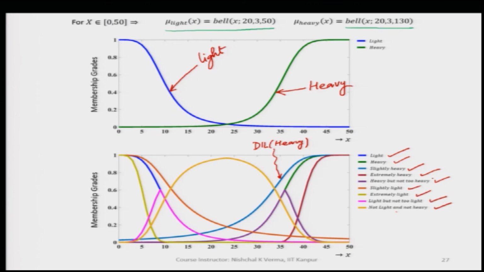So, this way we see that when we have primary fuzzy sets, we can obtain suitable composite linguistic terms, and thereby their representations as fuzzy sets, very easily. Light and heavy in our case are primary terms, and then we have found slightly heavy, extremely heavy, heavy but not too heavy, slightly light, extremely light, light but not too light, and not light and not heavy.